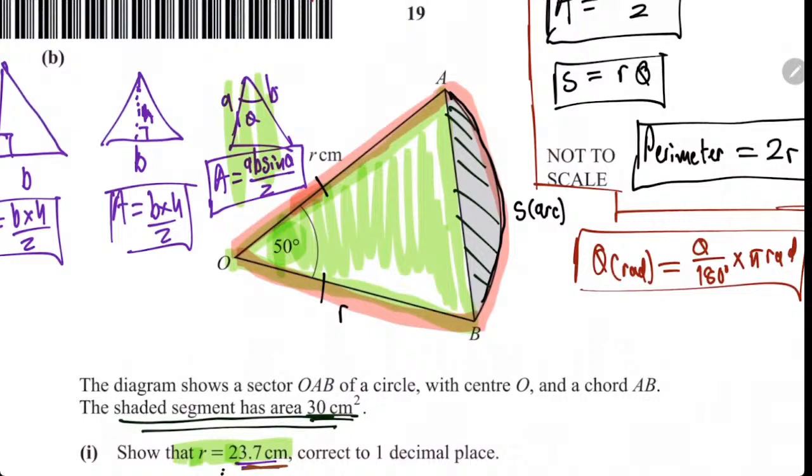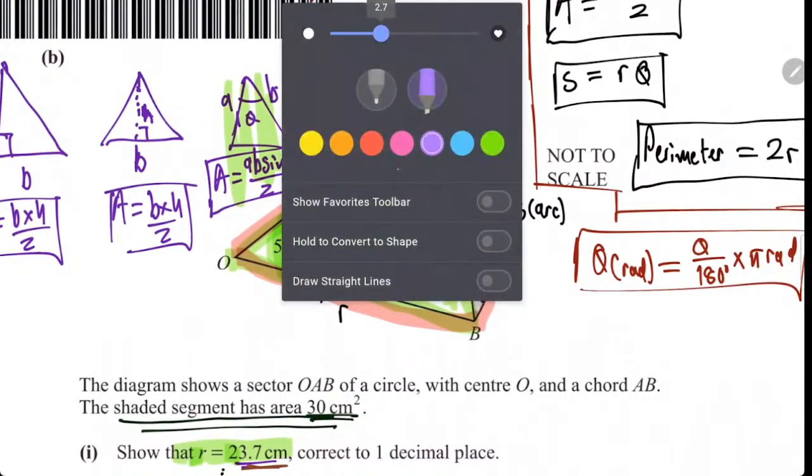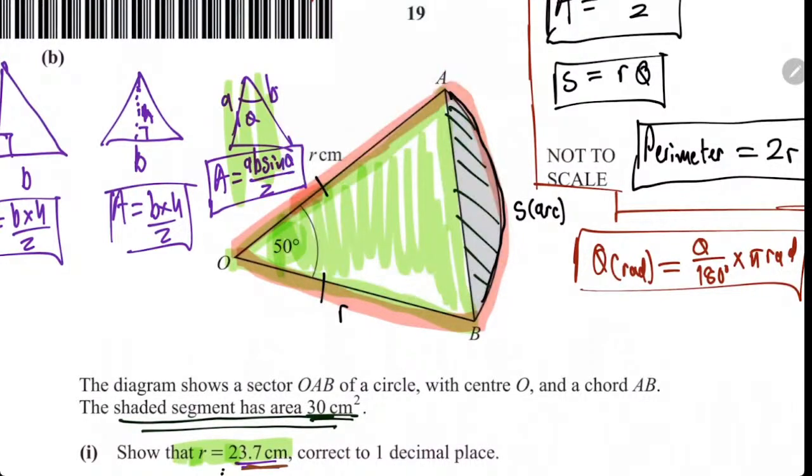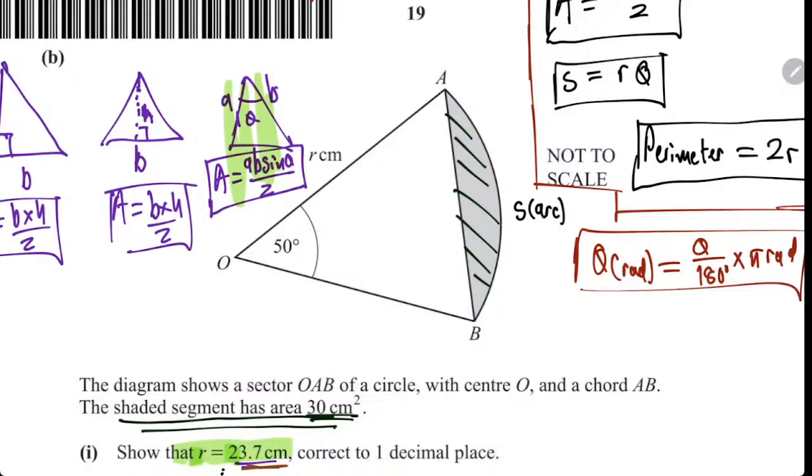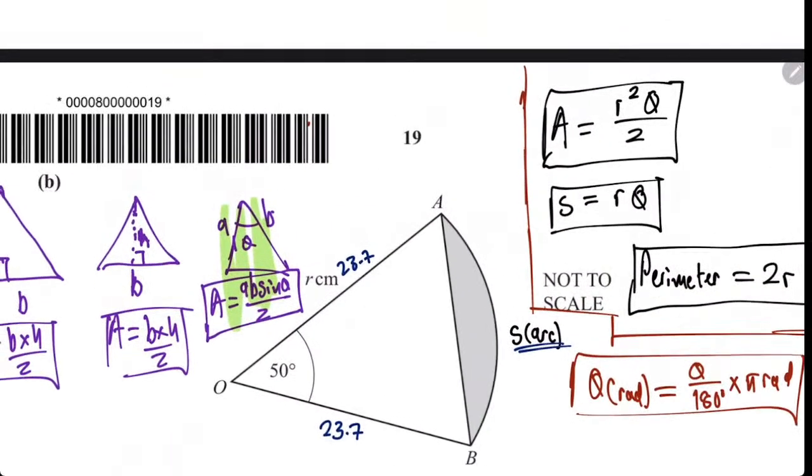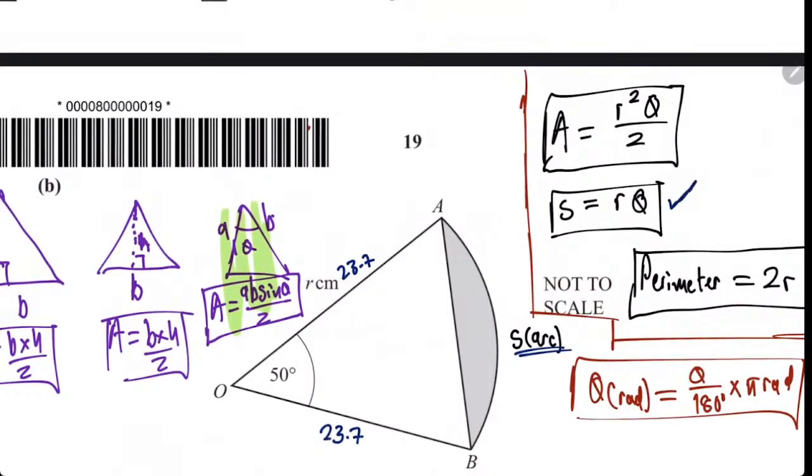Perimeter of the shaded segment just means, hey, find the distance right around it. Find this length. You have found the R, which they told you is 23.7. Now, we know that this is arc, which is S, and we know how to find it. It's R theta.